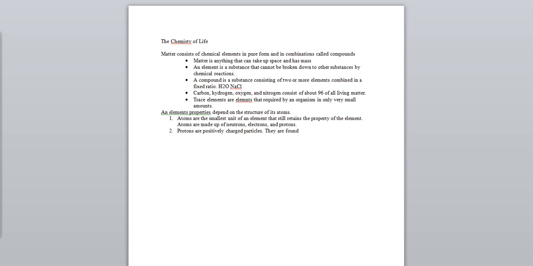They are found in the nucleus and determine the element. So if you had an element with 50 protons as compared to, say, 1 proton, that could be a difference of, say, hydrogen and antimony, something of the like.